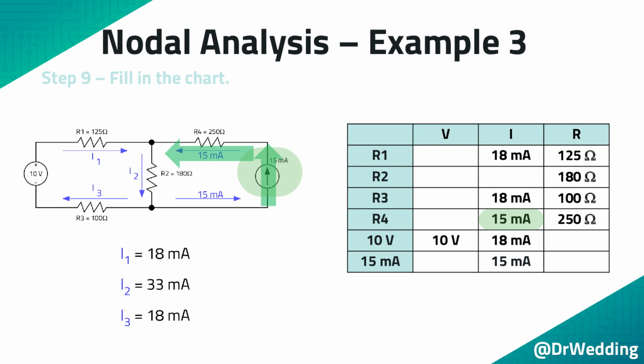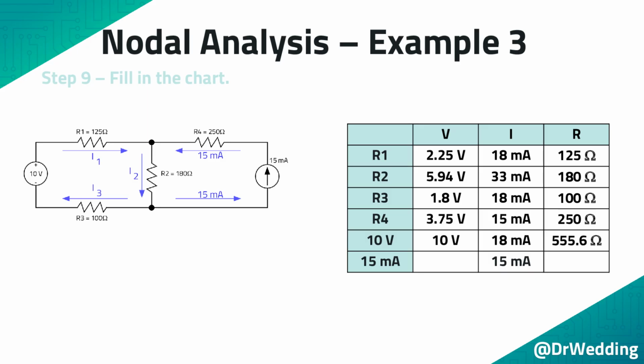So the current through R4 is 15 milliamps. The current through R2 is the sum of the 18 milliamps exiting R1 and the 15 milliamps exiting R4. So the current through R2 is 33 milliamps. This matches the value generated by the online calculator.